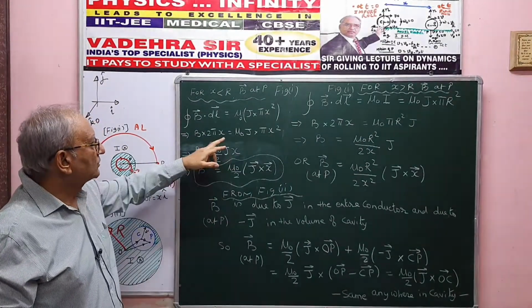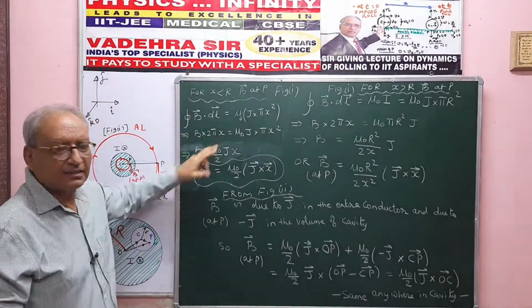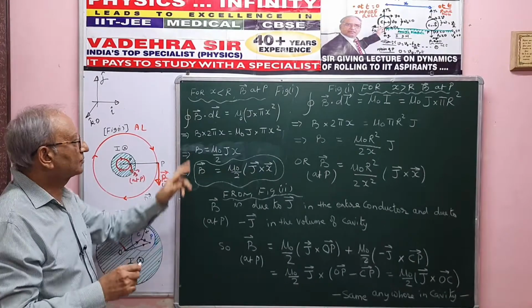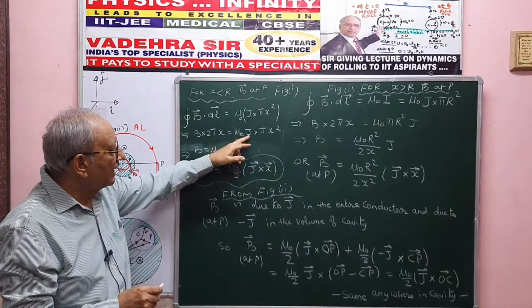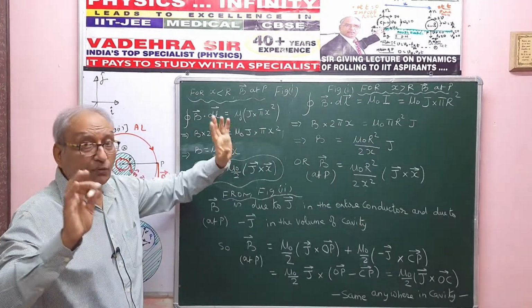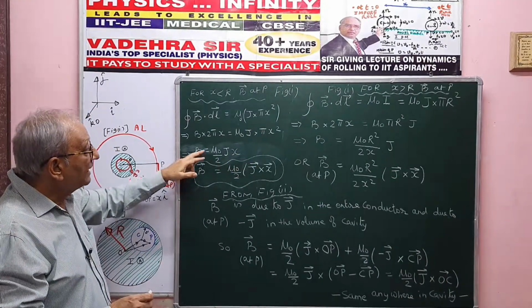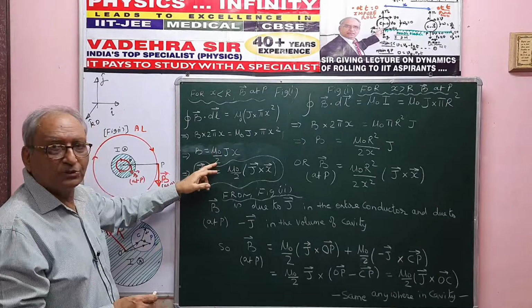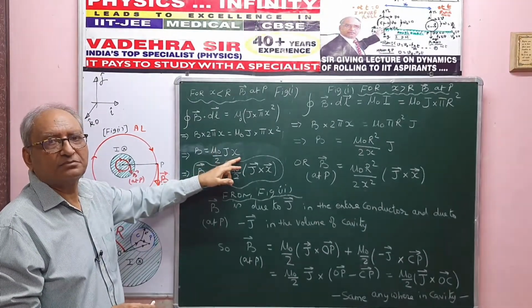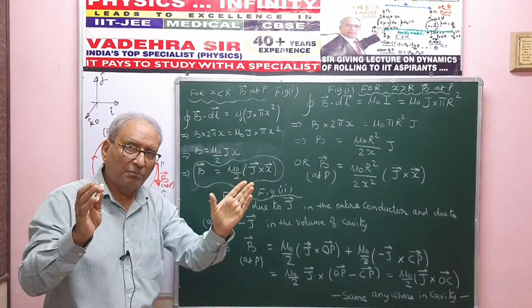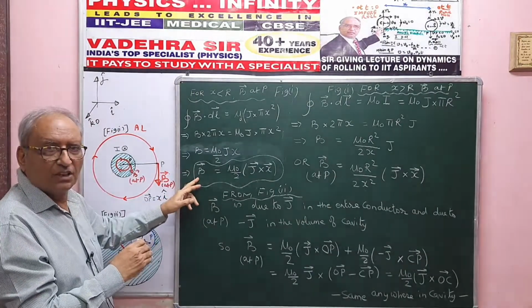So B into 2 pi x, because OP is equal to x, is mu naught J into pi x square. I want the answer in J, so I will not break J. So B is mu naught by 2, J times x. Now this is in non-vector form. I make it in vector form.